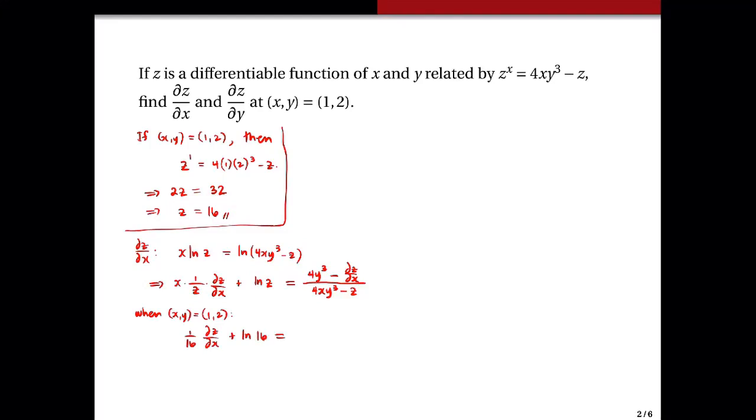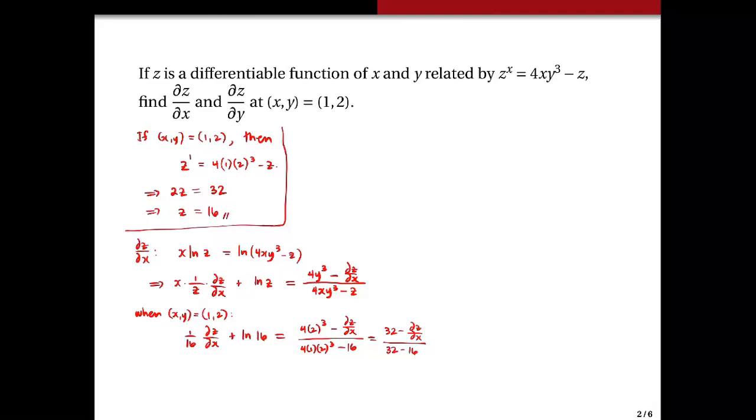And then this is equal to 4 times 2 cubed minus the partial of z with respect to x, all over 4 times 1 times 2 cubed minus 16. And then let's just simplify the right-hand side here. 4 times 2 cubed, that's 32. So we will have 32 minus the partial of z with respect to x, all over, and then the denominator will become 32 minus 16.